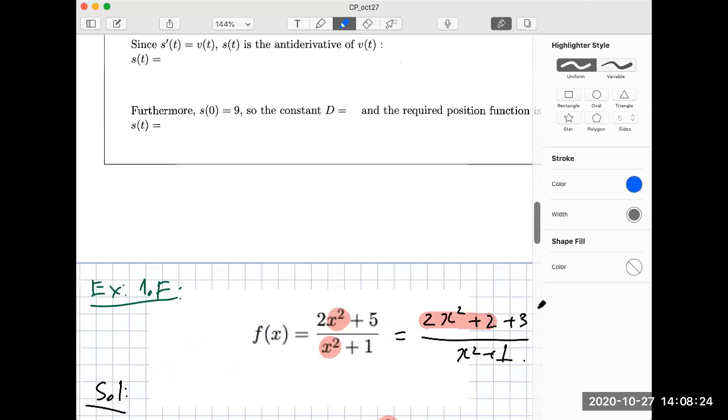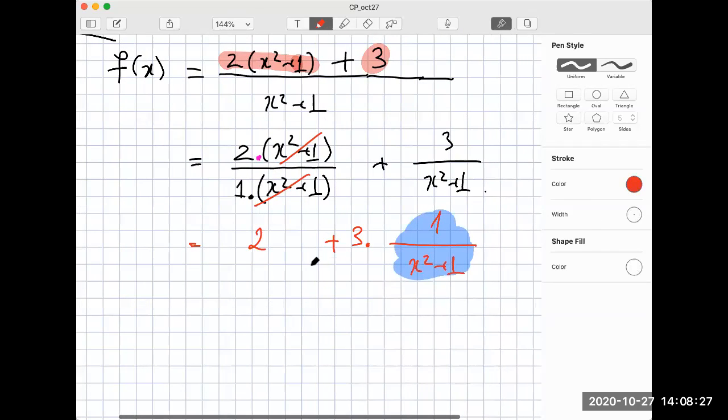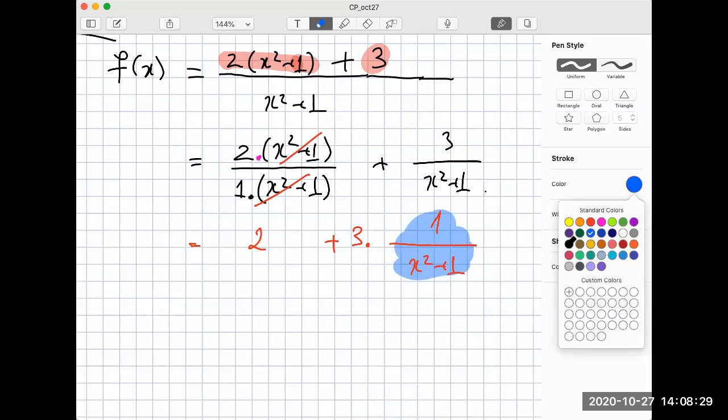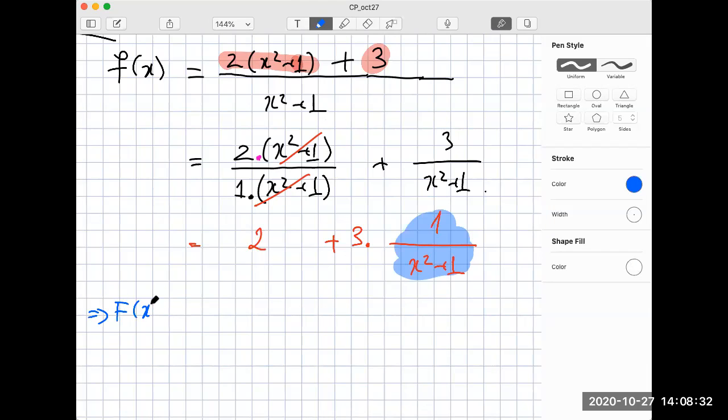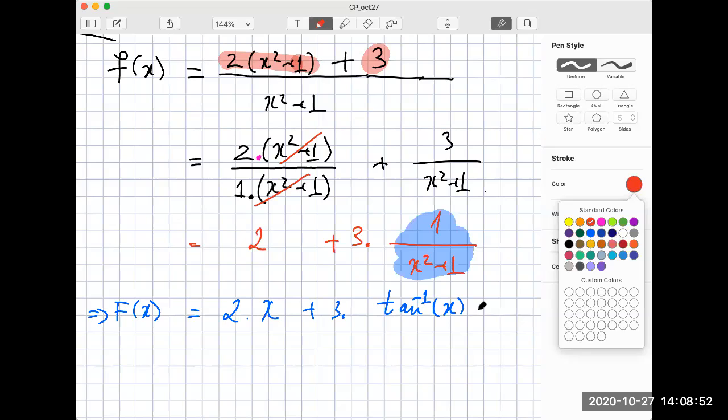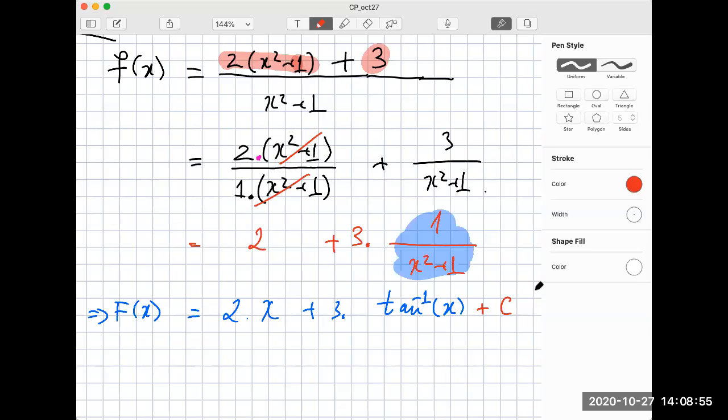Therefore, here we can conclude that the antiderivative of this guy will be 2 times x plus 3 times inverse tangent x. It's the one here. And what else? A constant. Okay? This is one way to do it.